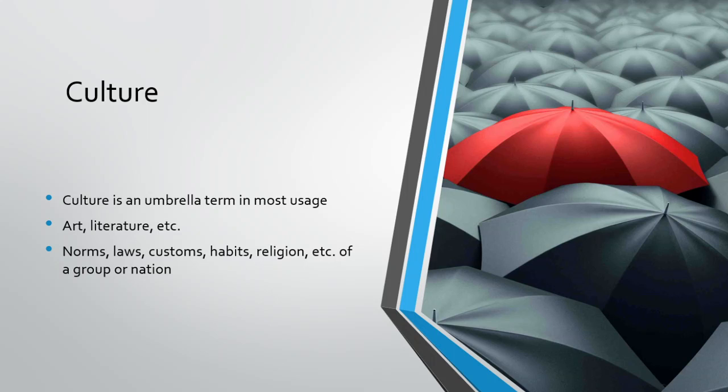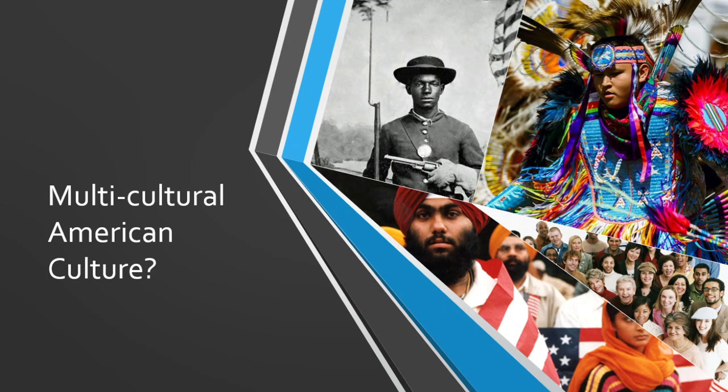It's the norms, it's the laws, it's the customs, it's the habits, it's the religion, etc. of a group or a nation. So culture has a very wide meaning. So what is an American culture? Do you see it anywhere in that montage there?